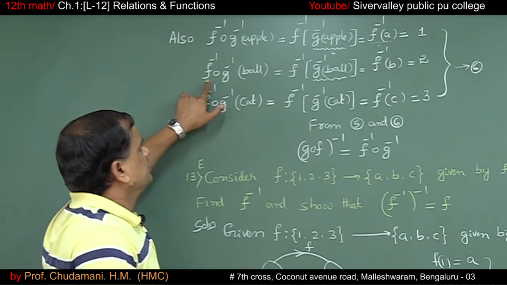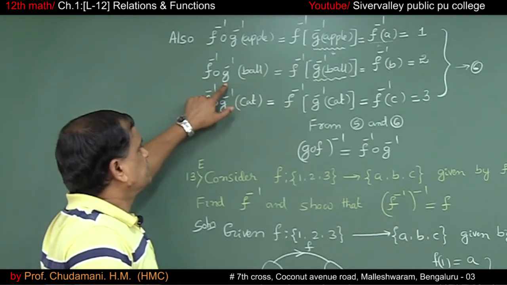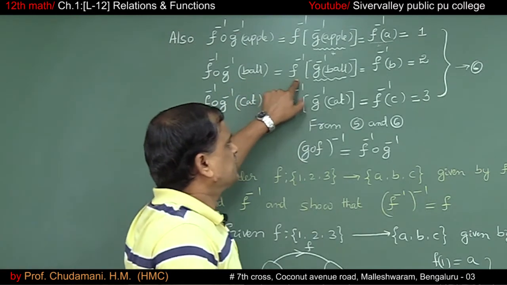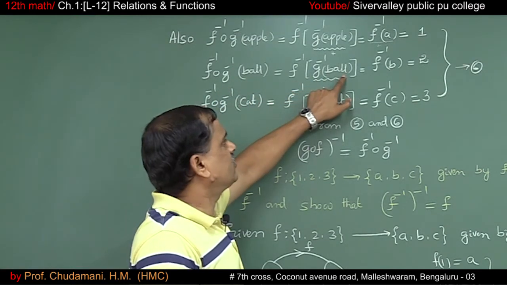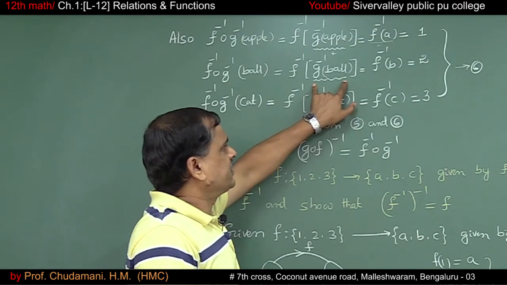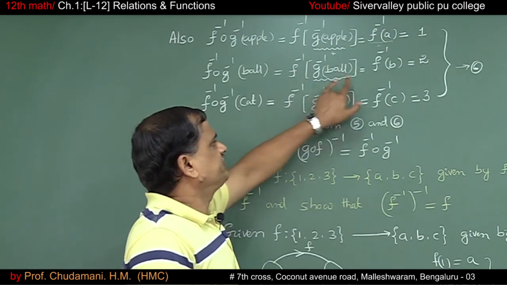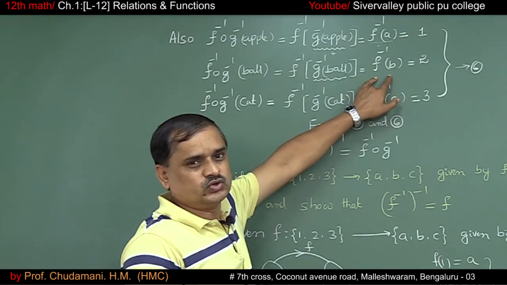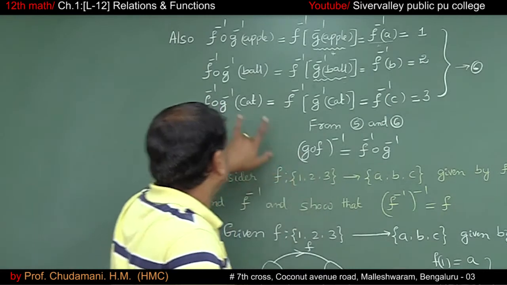Similarly, composition of G inverse and F inverse of ball is equal to F inverse of G inverse of ball. By using equation 4, you can write this as B. So F inverse of B, by using equation 2, it is 2 only.